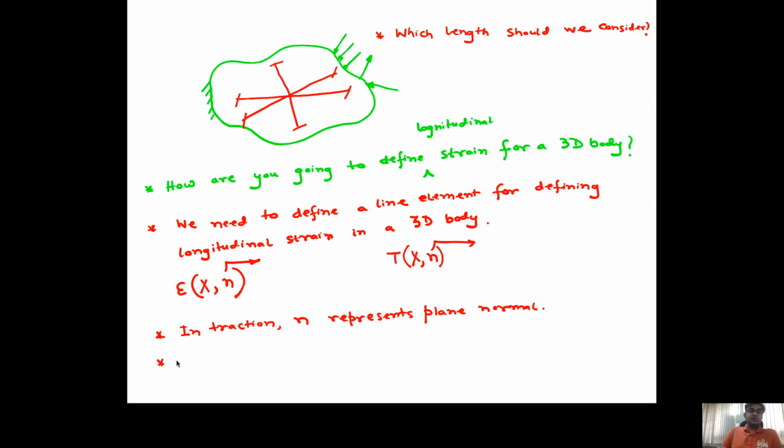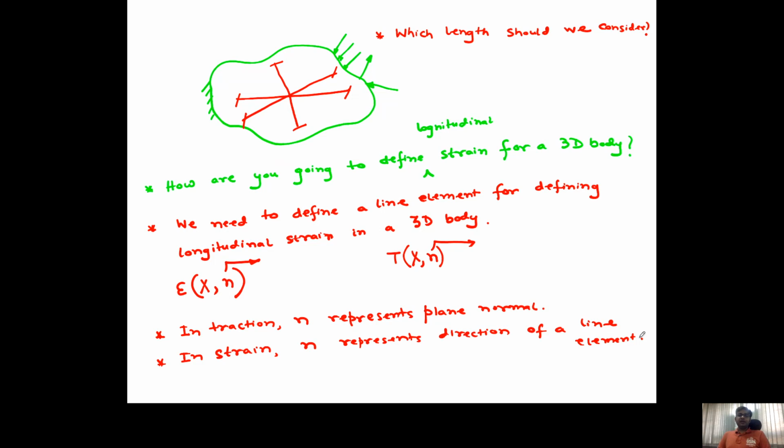In strain, or in this case longitudinal strain, n represents the direction of a line element. So there is no plane at this moment. There is only a line element. And if you change the direction of the line element, the strain is going to change.